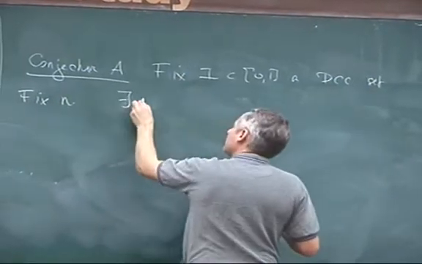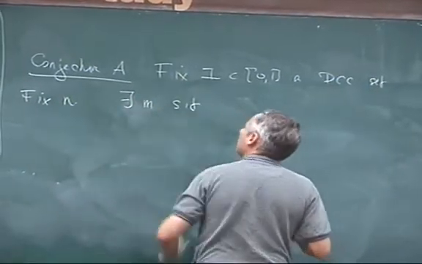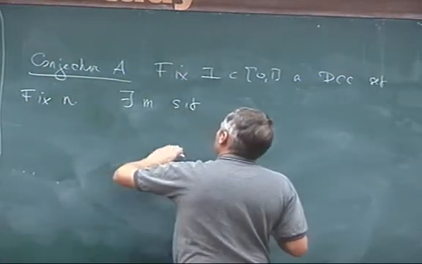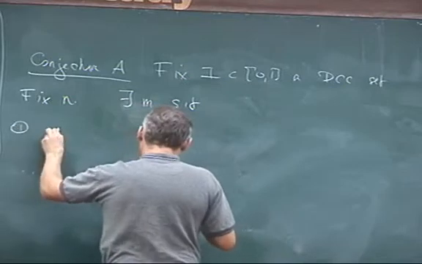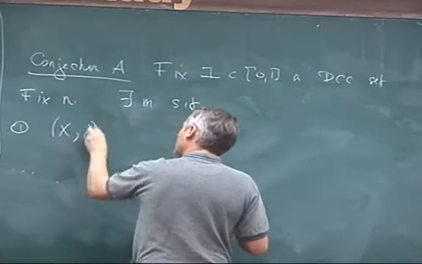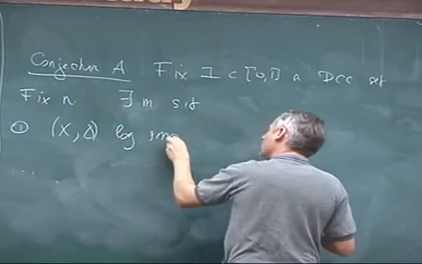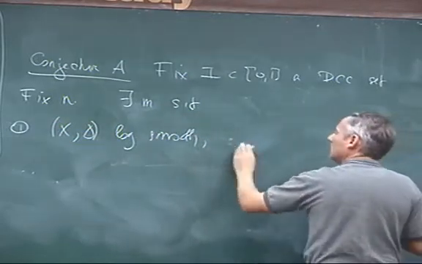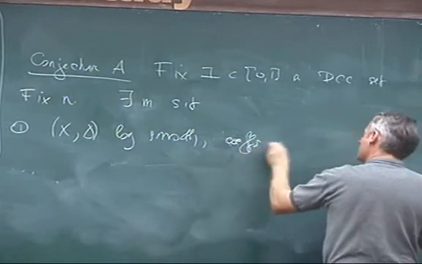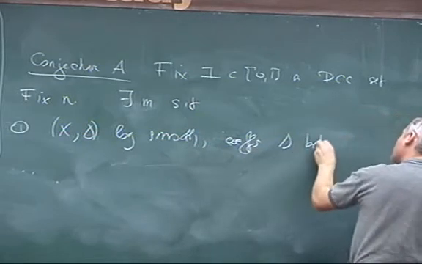So the conjecture is that you can find a number m such that if X, delta is log smooth, log canonical, well, let's say coefficients of delta belong to I.